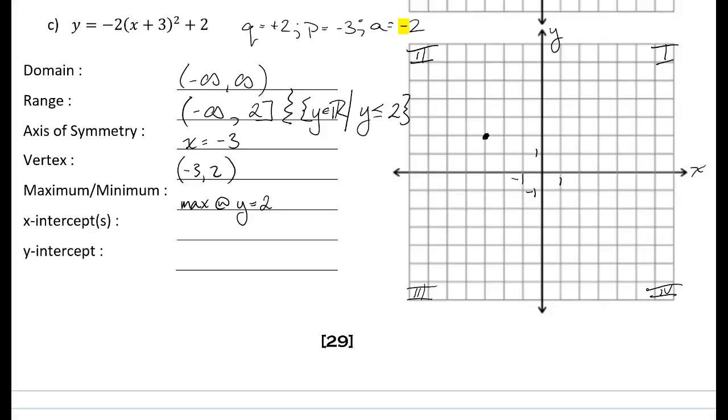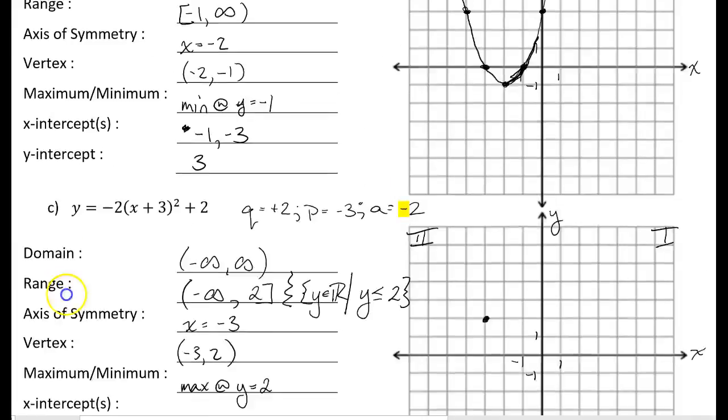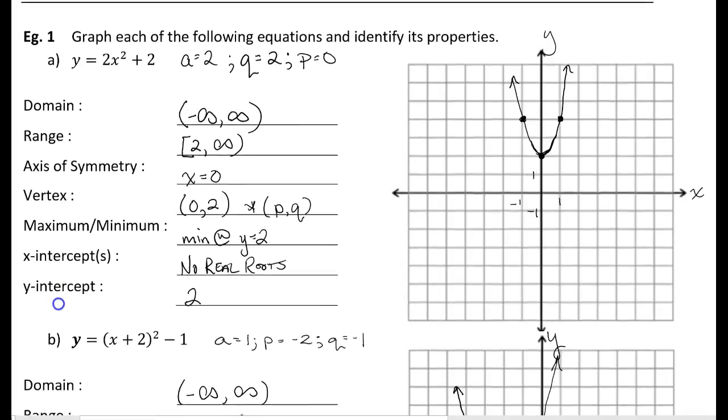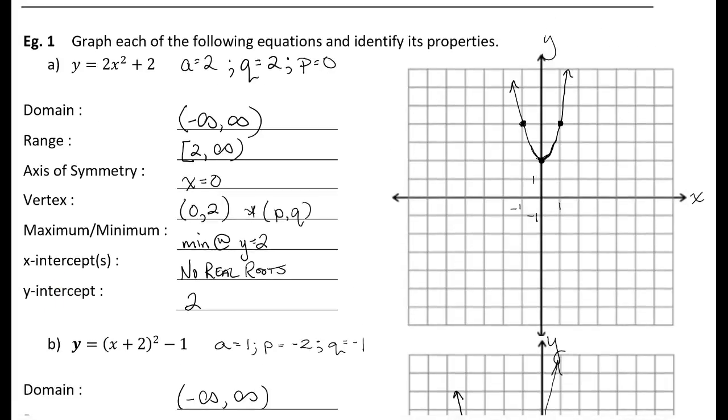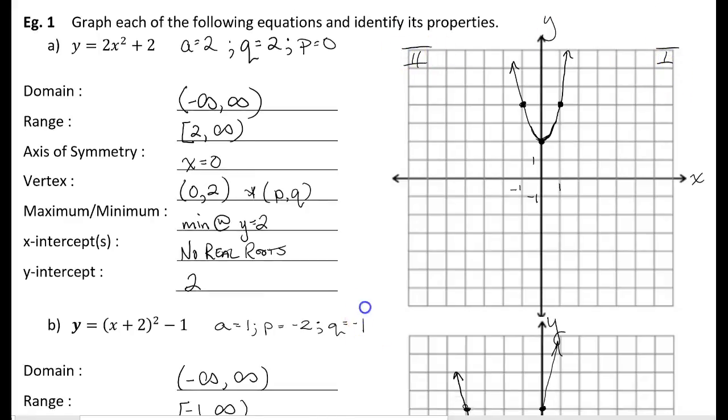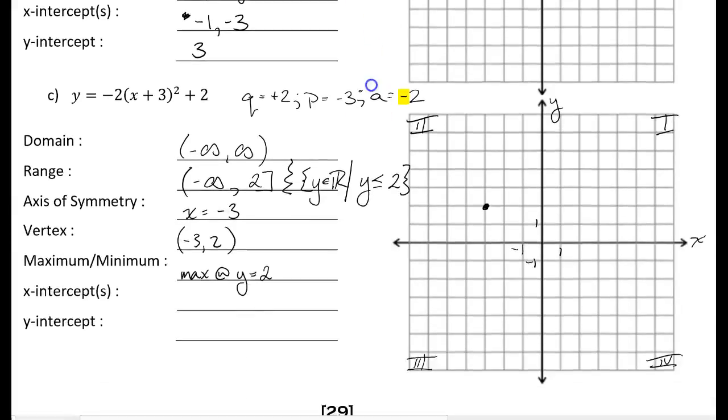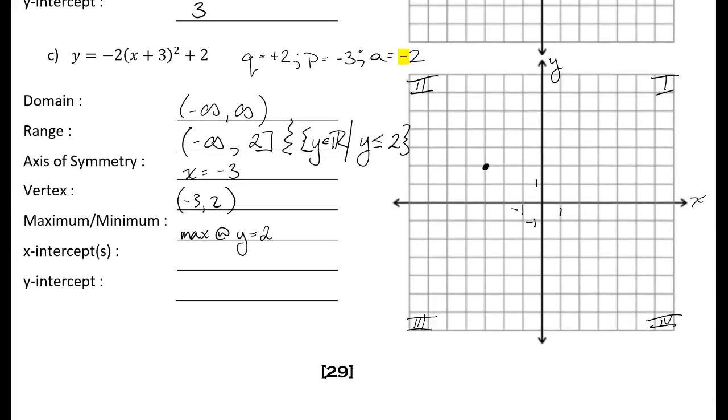So our vertex is in quadrant 2, so it's above the x-axis, but our parabola is going to be opening downward, which means it is going to cross the x-axis. So I do know that I have some x-intercepts coming. Unlike example A, where we had no real roots because my vertex was between quadrants 1 and 2, now I know for sure that I'm going to have some x-intercepts.